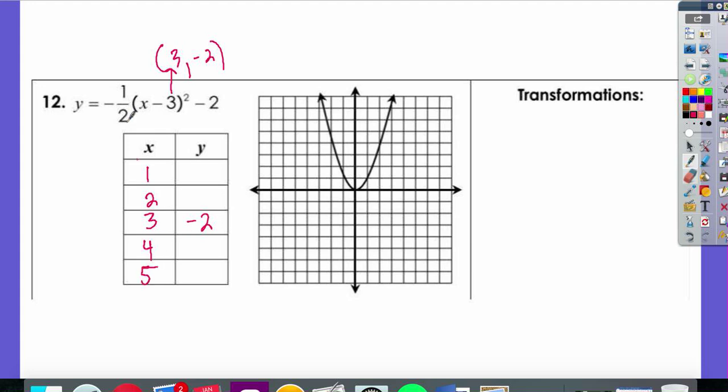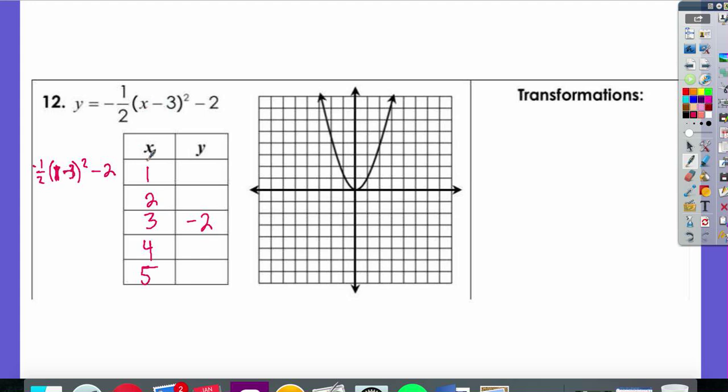I'm going to plug these values into this function and get some y values to see what on earth happened to our graph. So when I plug in 1 to the original function, I'm going to have -1/2 times (x minus 3) squared minus 2. Sorry, that's supposed to be 1 minus 3.